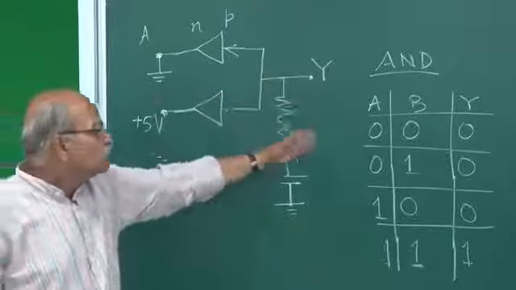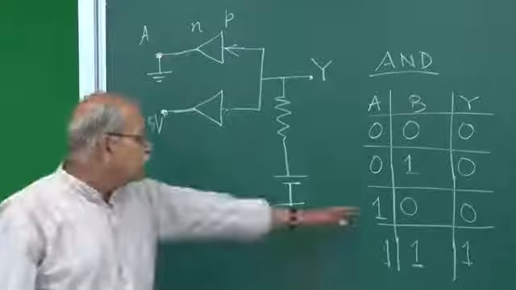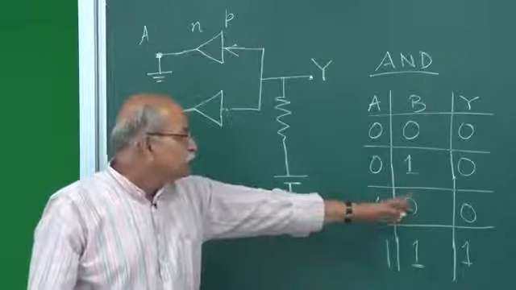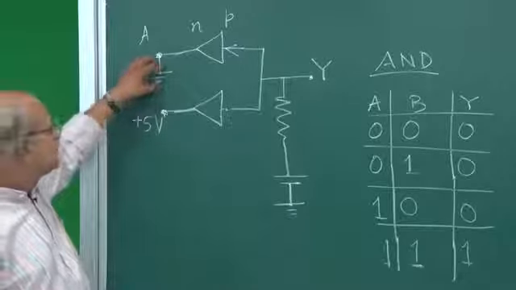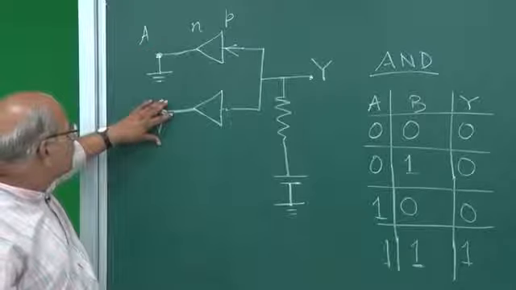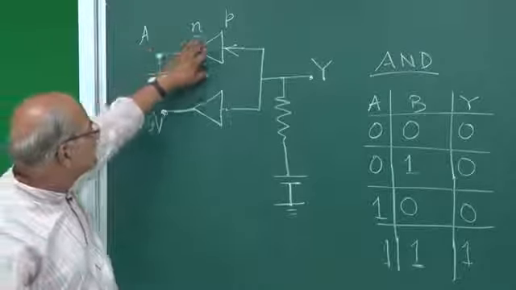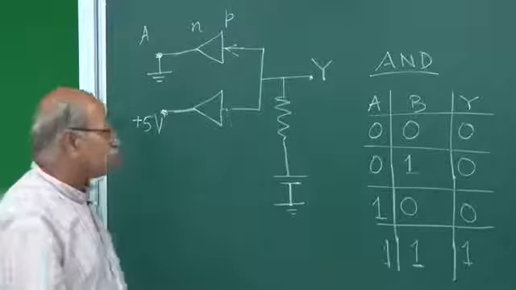So this is low. And similarly, if A is 1 and B is 0, then this will be 0. We are only swapping these two, put 5 volt here, put 0 volt here. Then this will be reversed bias, no current from here, and the current will be only from here.